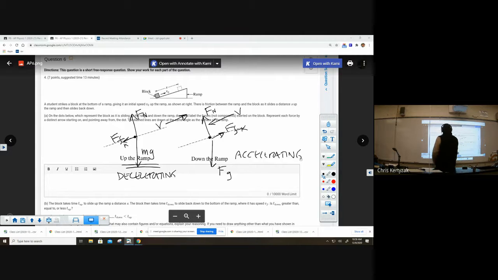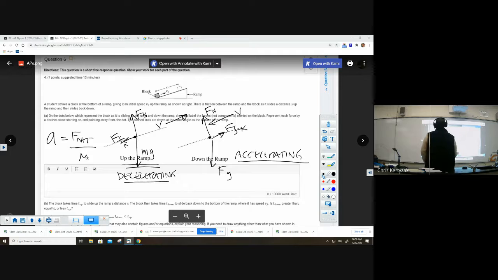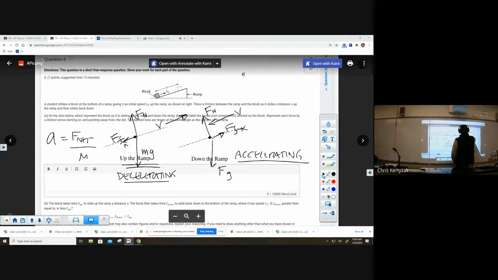But we know that the acceleration, the rate of either deceleration or acceleration, is equal to the net force divided by the mass in both cases. So really what we have to think about is, in which case is there a larger net force, going up the ramp, or when it's coming down the ramp? Well, that only becomes clear when you think about the components.